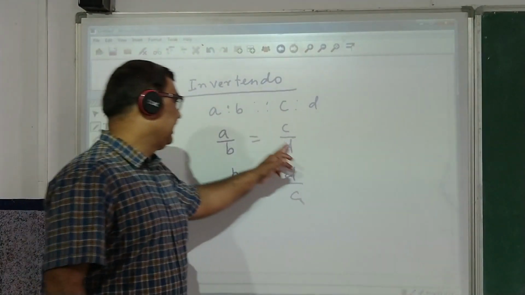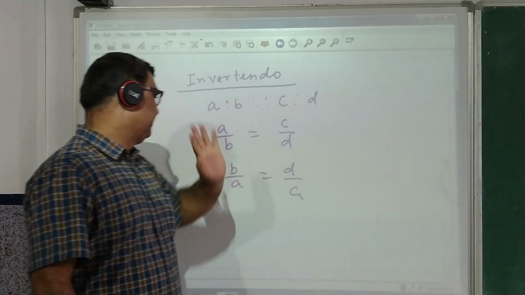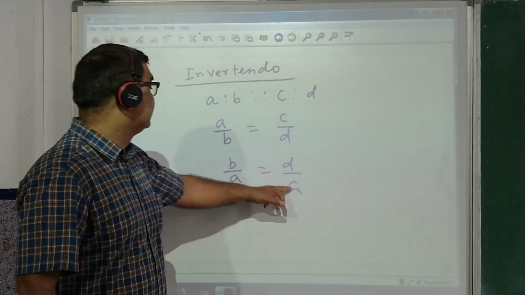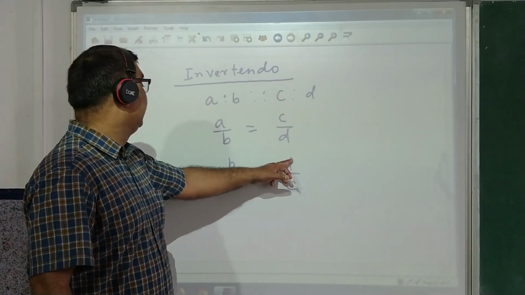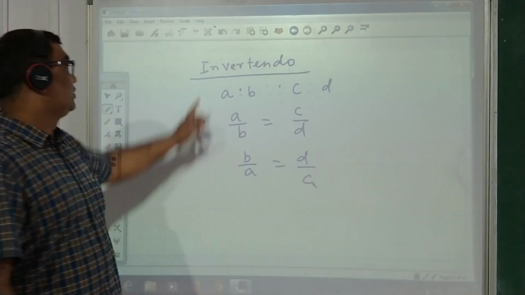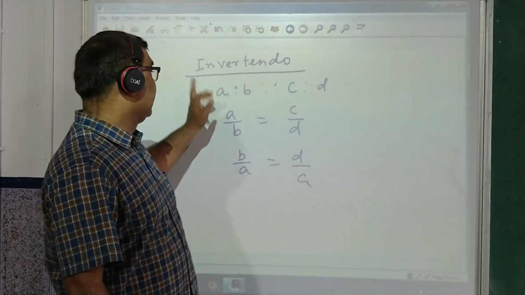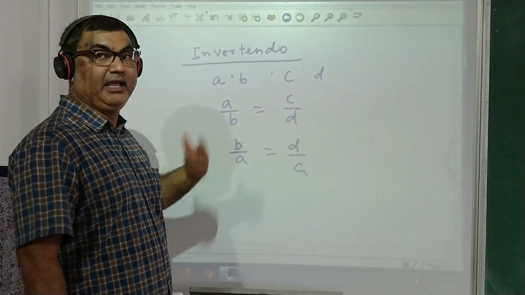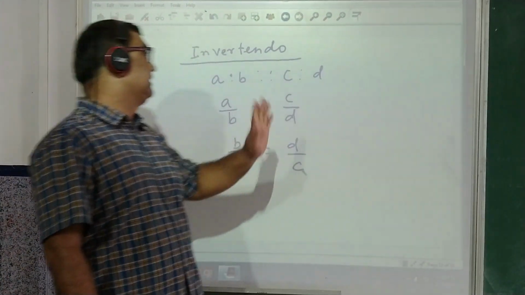So using invertendo, can I write B by A is equal to D by C? Now say A into D, AD, B into C, BC. So both are the same thing. So using invertendo, can I write A by B equals C by D as B by A equals D by C?